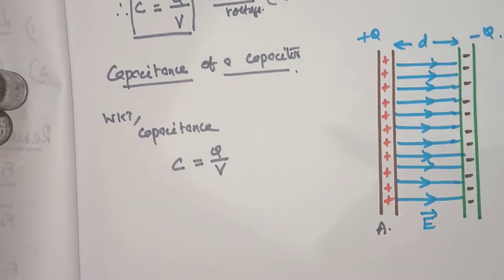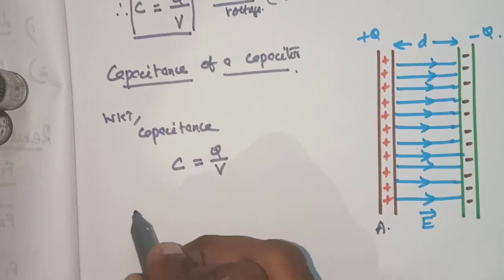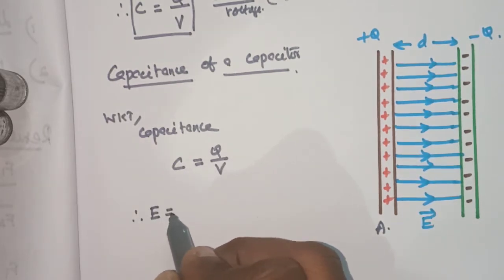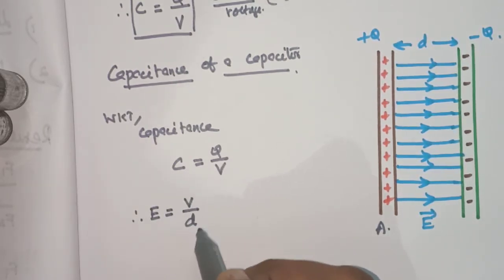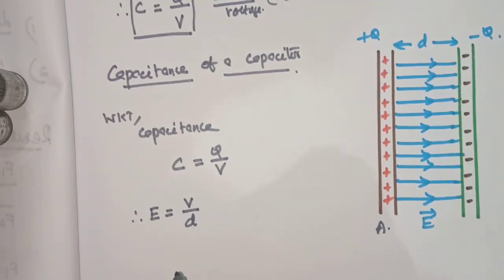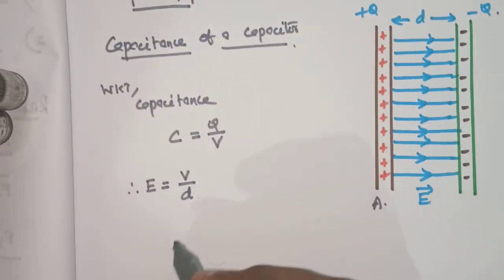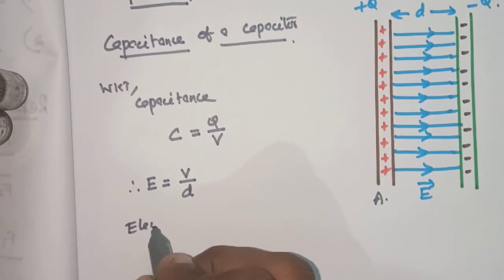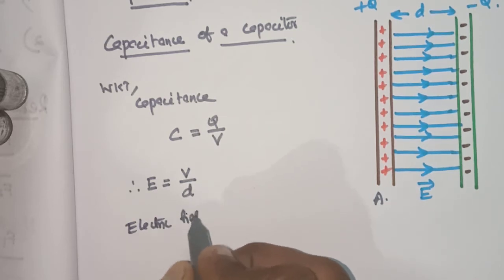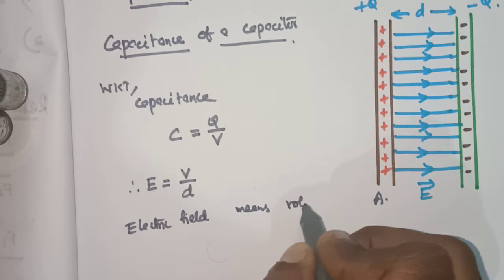Now using the physical parameters, area, distance and electric field, we define electric field E equals V by D. So V is voltage, D is distance. What is electric field? Electric field is called the voltage gradient.